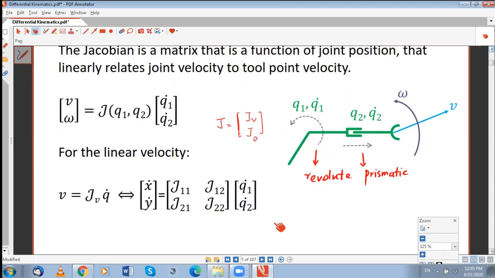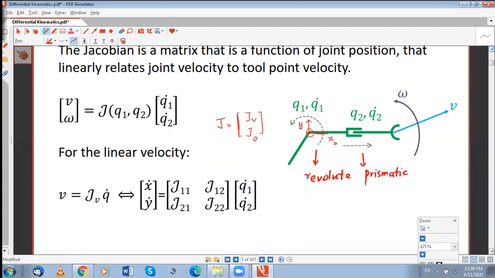So our base frame looks like this. Z is towards you, and let's say this is our X naught, and Y naught is upward.